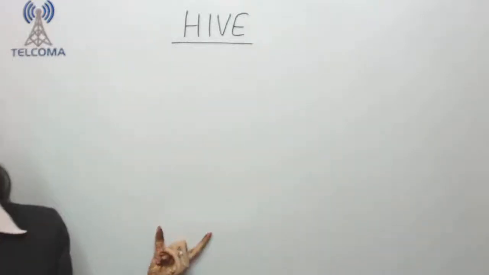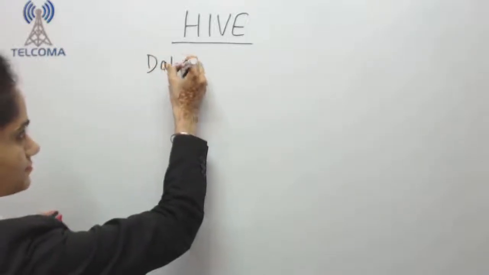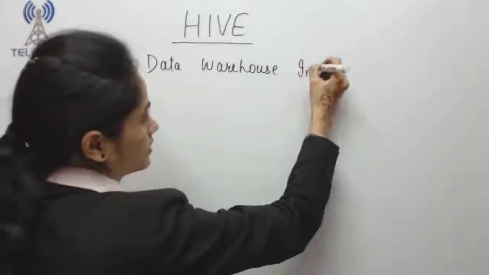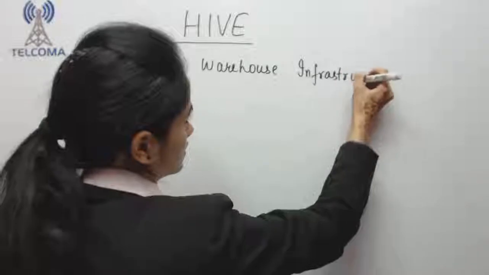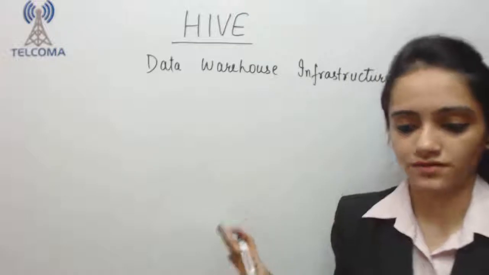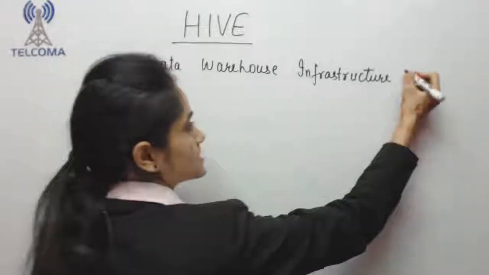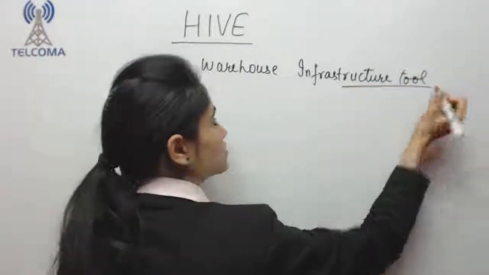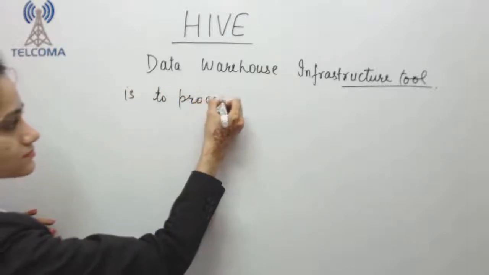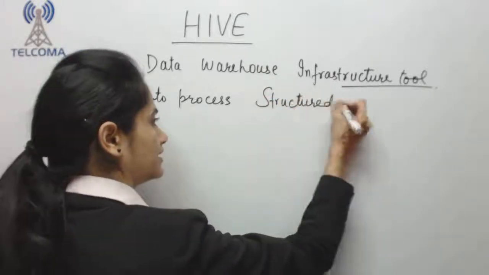Now this Hive is a data warehouse infrastructure. So Hive is basically a data warehouse infrastructure tool to process structured data.